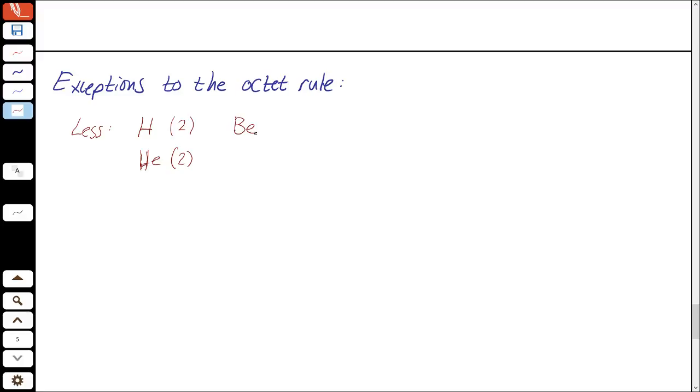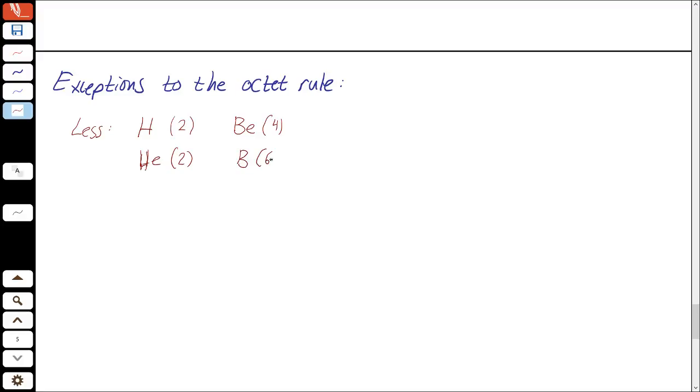Lithium we don't really talk about in terms of Lewis structures, but beryllium generally can have 4. Again, that doesn't come up a lot.